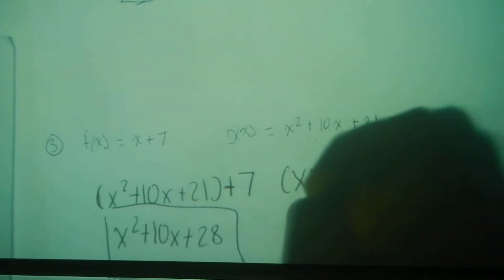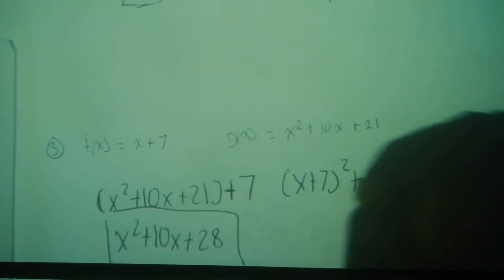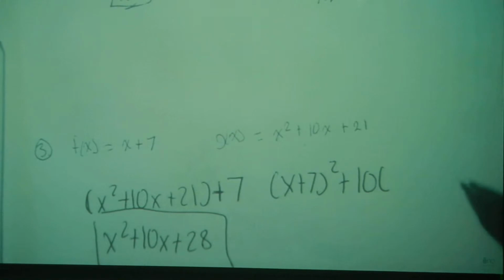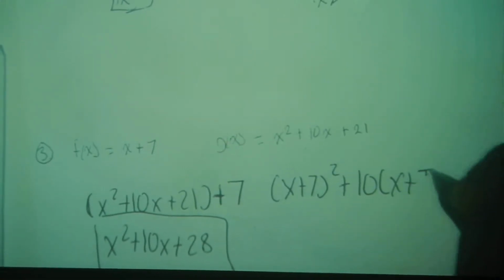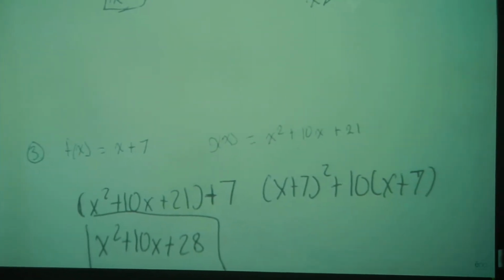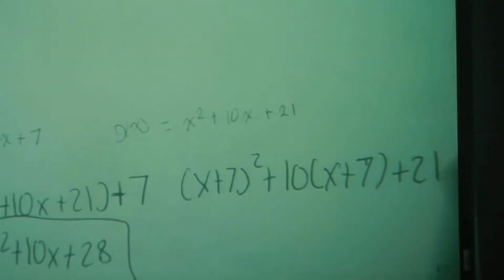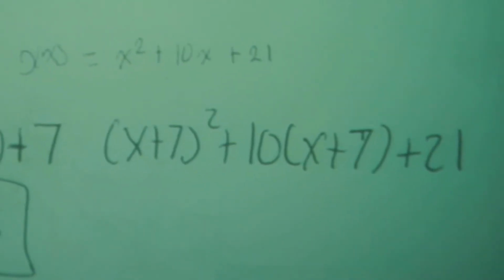So we're going to plug this one in right here for x. So it's going to be x plus 7 squared plus 10 times x plus 7, close your parentheses, plus your 21. Don't forget about that. That is one of the most forgettable problems you can have.